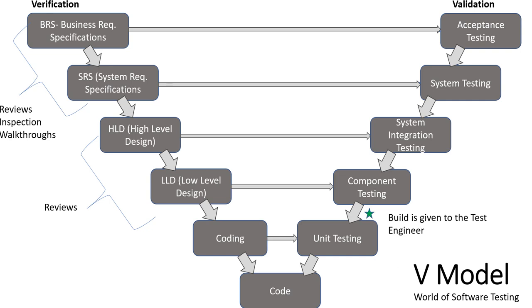In the verification phase you can see BRS, SRS, HLD, LLD, coding, and on the other side there are different types of testing: unit testing, component testing, system integration testing, system testing, and acceptance testing. Each and every development phase is associated with a testing phase.